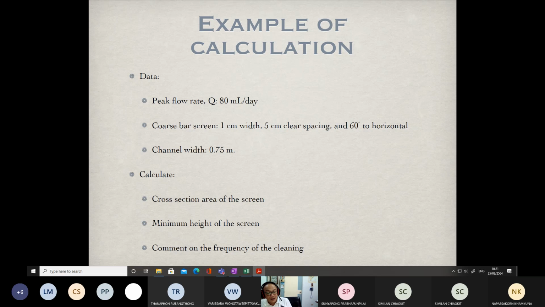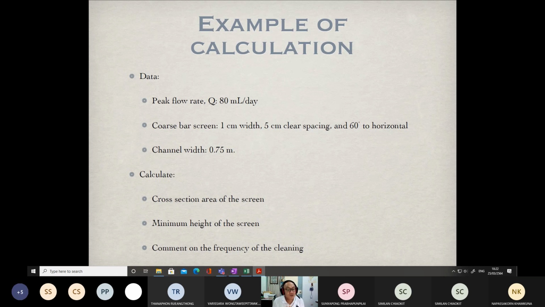And at the end, if you want to evaluate the frequency of cleaning, you can determine the head loss, and you can assume that if the opening size gets clogged by 50%, we will start cleaning.